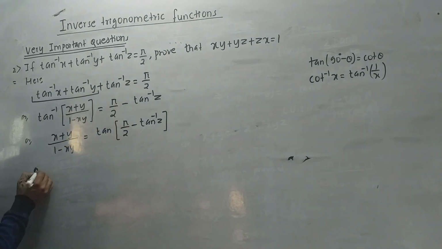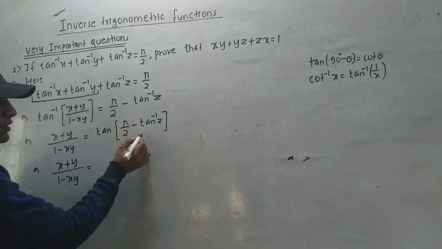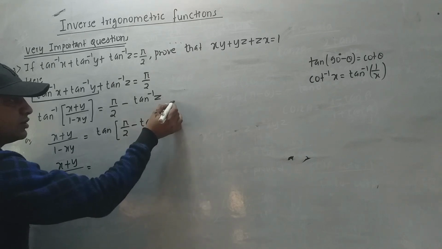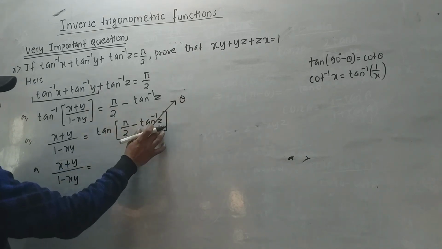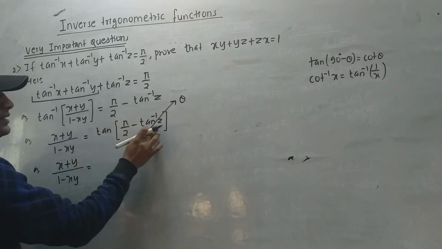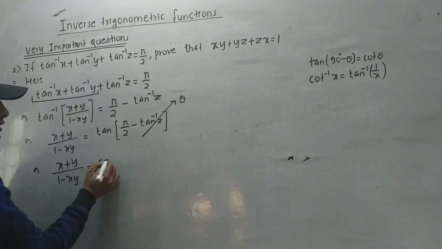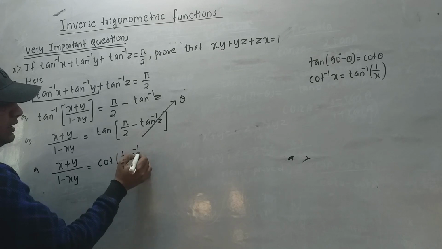Now here it is x plus y whole divided by 1 minus xy. For this tan inverse z, you suppose that is angle theta. So tan of 90 minus theta will be cot, and what is our theta here? Tan inverse z.